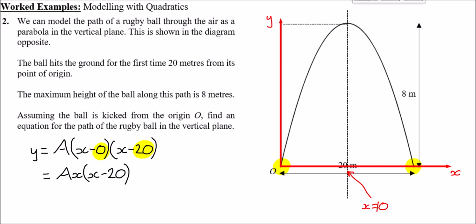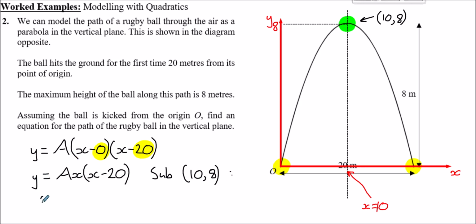So we can add this into our sketch as well. So because we know the turning point, which is 10 and 8, we can sub this value into this equation. So we know that y is ax, x minus 20. So let's now sub in the coordinates 10 and 8.